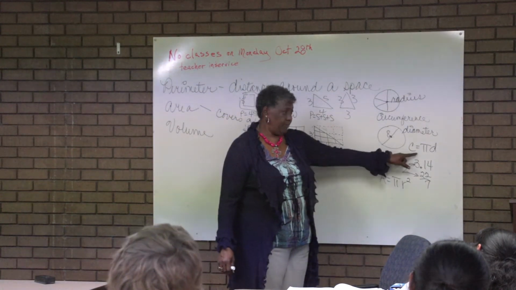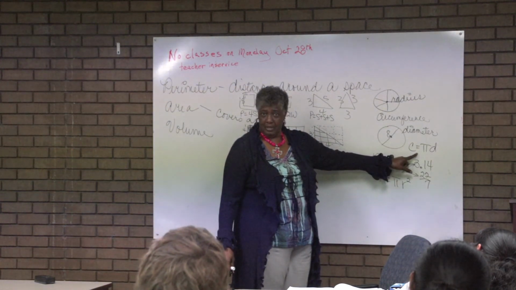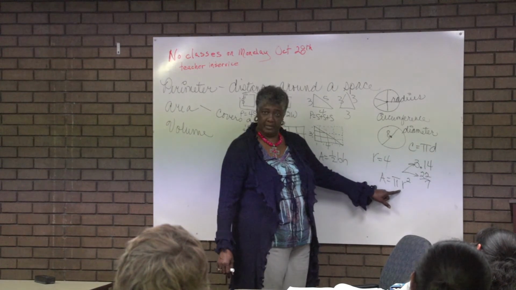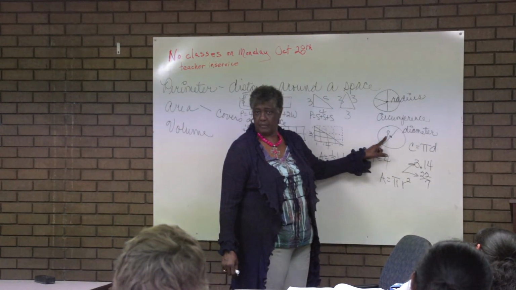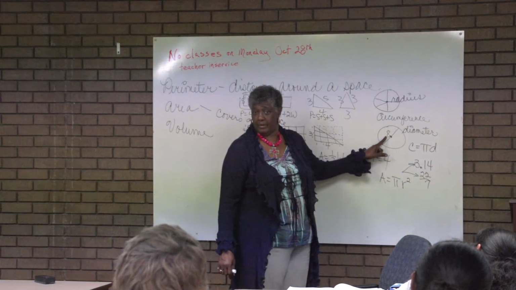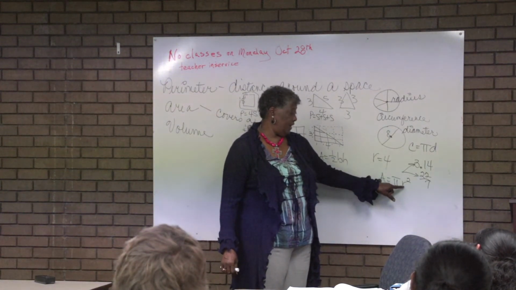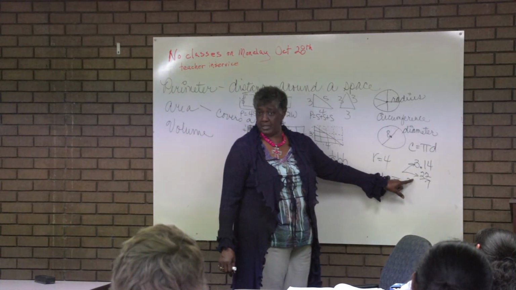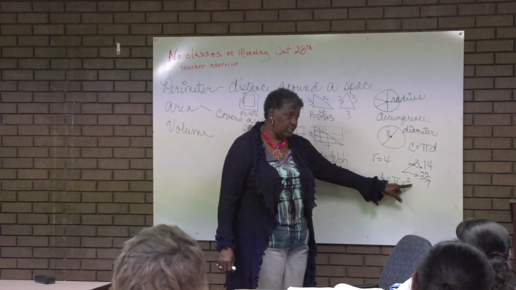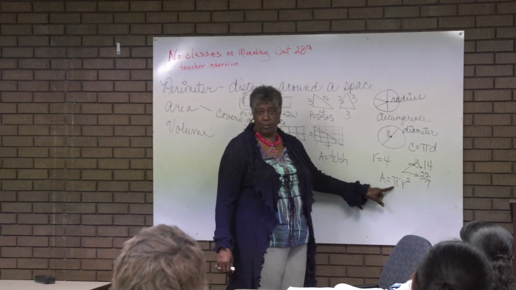I need a diameter for circumference. For area, I need a radius. So if they tell me the diameter is 8, what's the radius? 4, right? It's half of it. And then I have to square it, not times 2, but times itself. 4 times 4 is 16, and then 16 times the 3.14.